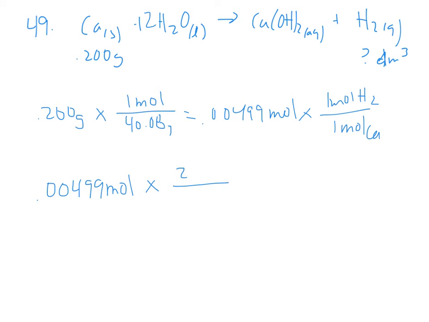So I can expect 22.7 decimeters cubed per mole. And if you prefer to write liter, IB won't dock you for that. They realize that's what it means. They're interchangeable. But I could expect 0.113 decimeters cubed of gas, which would be hydrogen.